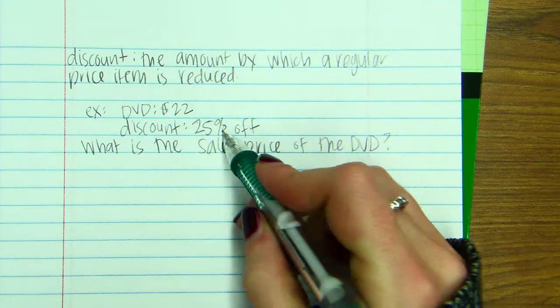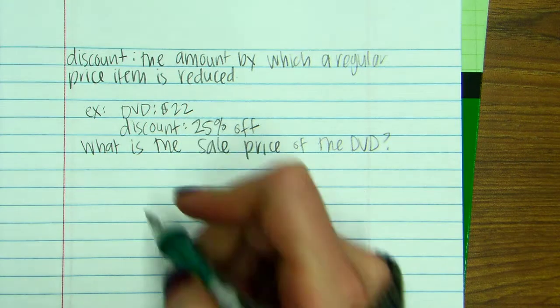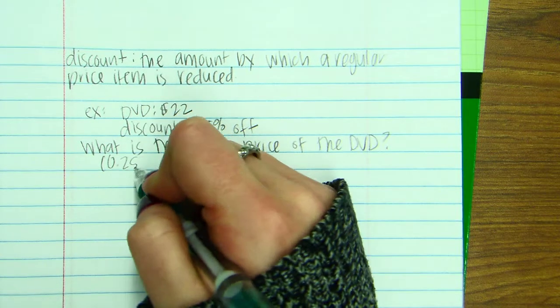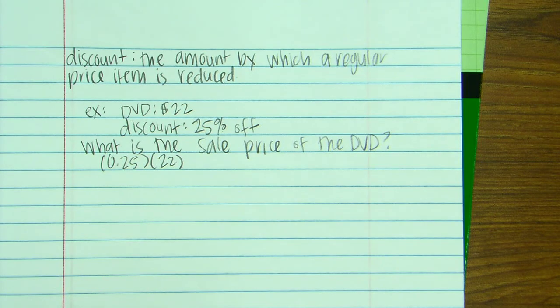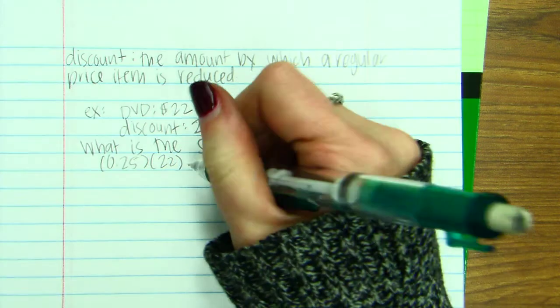So I need to find 25% of 22 first. So I'm going to do 25% of 22. I think it's $6.50. Oh, sorry, I was wrong. $5.50.